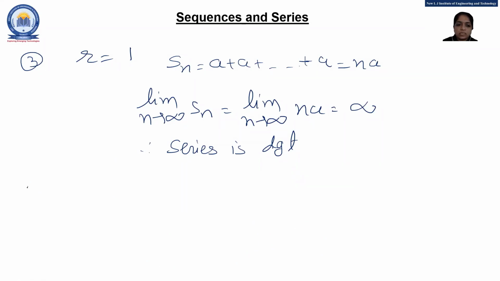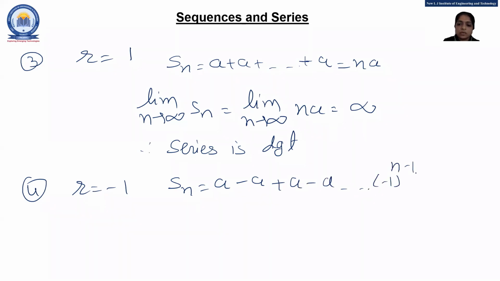Okay. The next, fourth one, is when R is equal to -1. It means Sn is equal to, first term is a, second one is minus a, plus a, minus a, up to minus 1 raised to n times a. So the answer is 0 if n is even, and the answer is a if n is odd.